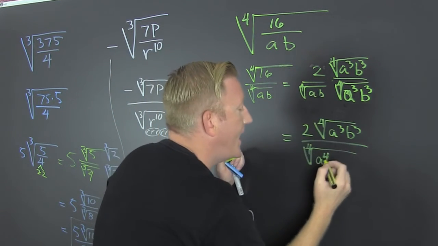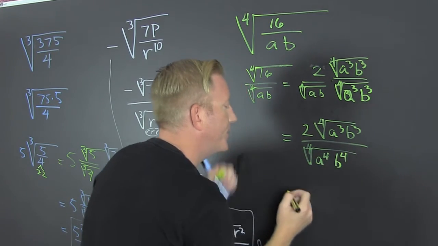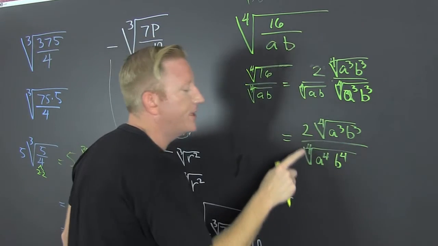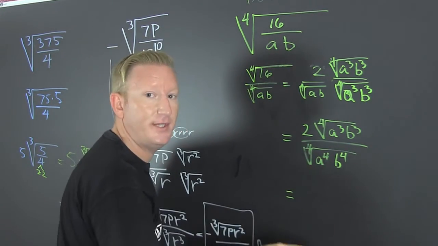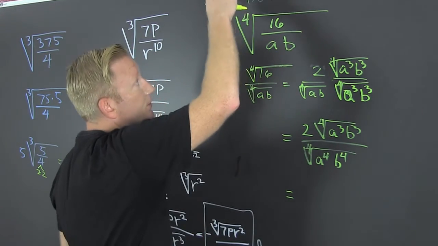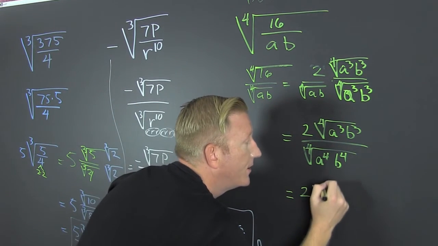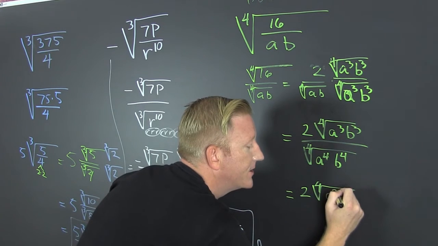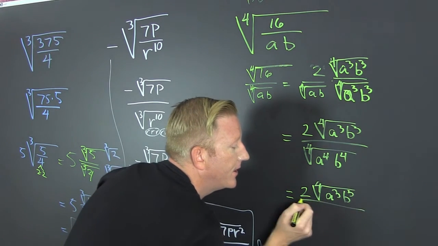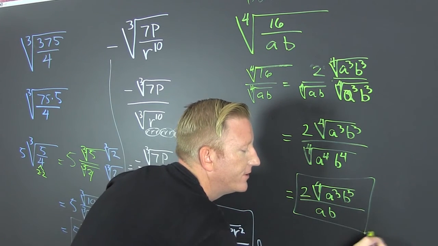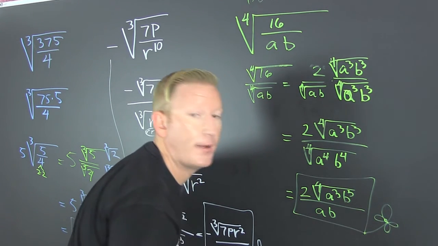The fourth root of those, assume variables are positive, because those are even powers, it should be the absolute value, but I'm sure your book says assume the variables are positive. So that's 2 times the fourth root of a to the third b to the third, all over ab.